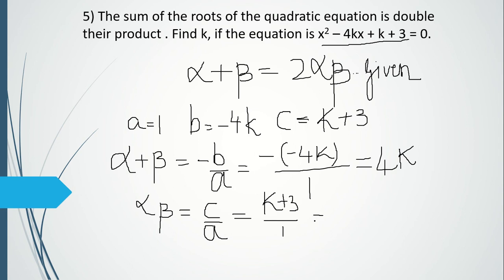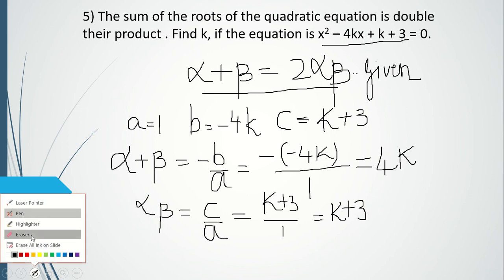Okay, so alpha beta we got k plus 3. So we got the value of alpha plus beta here 4k, and alpha beta here k plus 3. Now both these values just substitute in this and see if we can find the value of k.